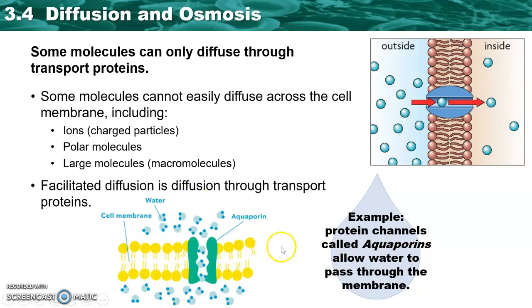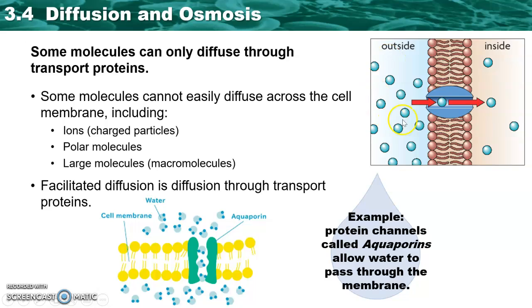But things like ions, which would be things like sodium, potassium, chloride, things like that, polar molecules, or any kind of large molecule, a macromolecule like a starch or a protein or a sugar, those are too big to fit between the phospholipids, so they require some kind of protein like this blue protein in the membrane to allow them to diffuse through the cell membrane.